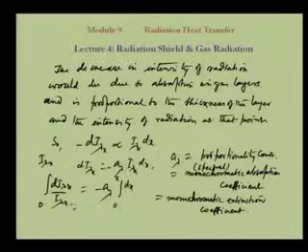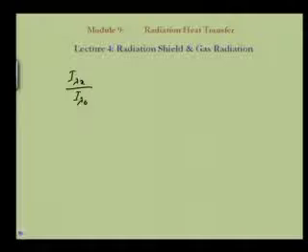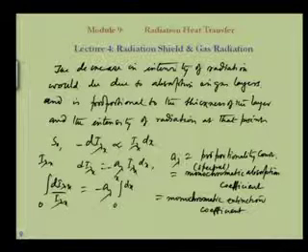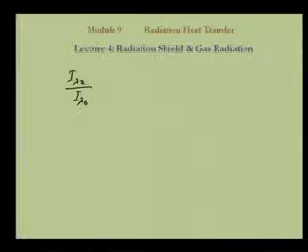So from here we can write that I lambda x by I lambda 0, where I lambda 0 is the initial intensity at x equal to 0, will be equal to e to the power minus a lambda into x.